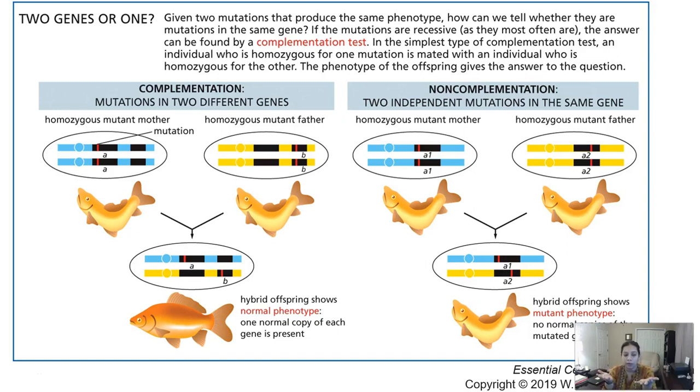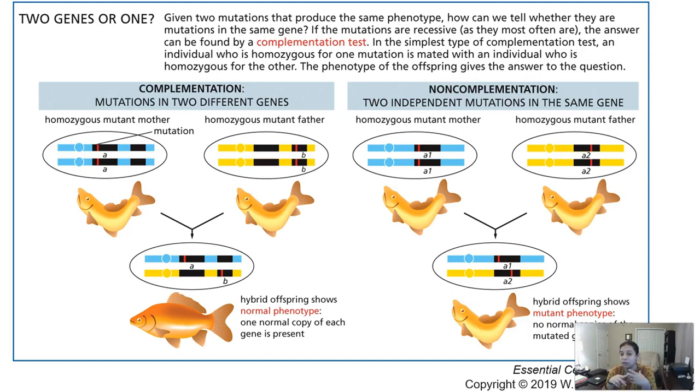So many of our traits, observable traits, are actually complex traits. They are not controlled just by a single gene, but multiple genes, sometimes on multiple chromosomes, not even the same chromosomes. So that type of behavior is what we call complementation, where there are two or more genes working together to give you that final phenotype that you're observing.